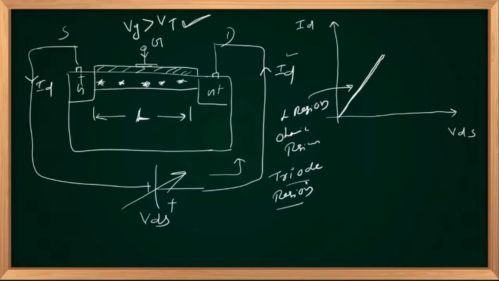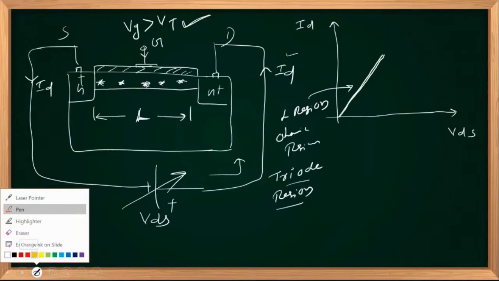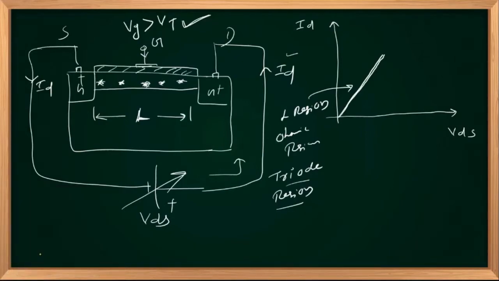Right. If you are increasing VDS further, the potential in the channel also will increase. Why? Because if you are moving from source to drain, source node is a reference node for the drain supply. So if you are moving towards drain, the potential in the channel increases more and more. That is obvious. And the maximum potential is at the drain end.